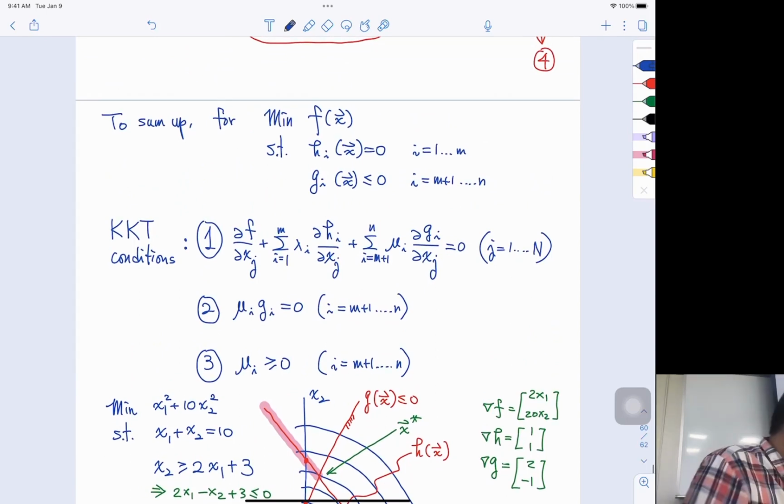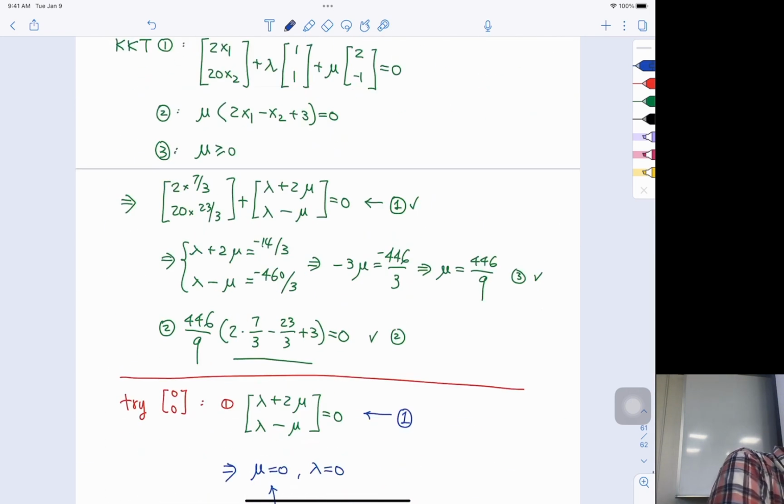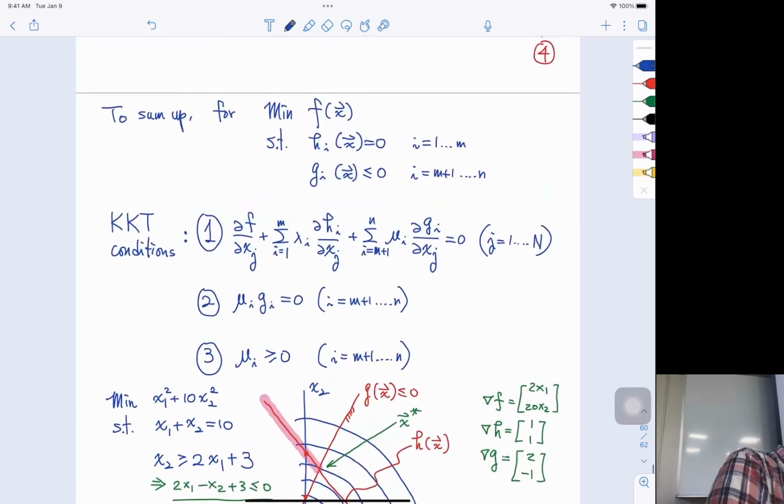It just asked us to check all these three. Sorry, the KKT wants us to check the constraint as well. So when we do that, we will end up with a solution that won't be optimal.